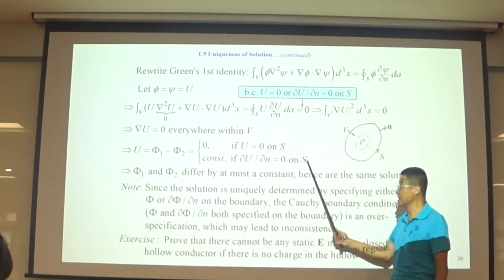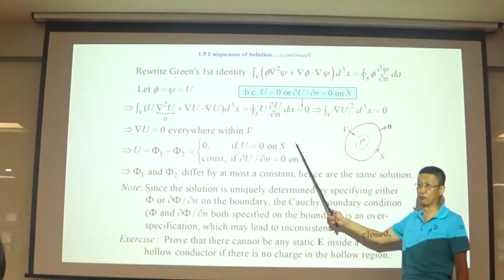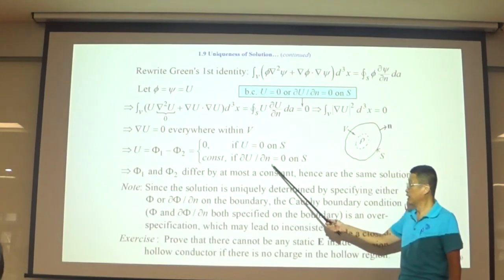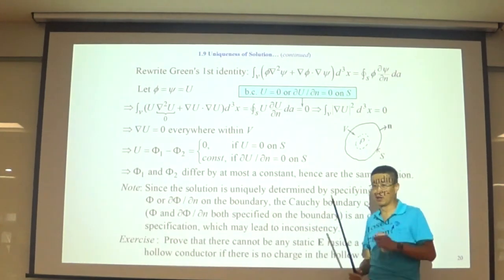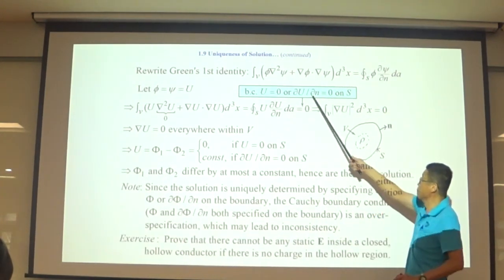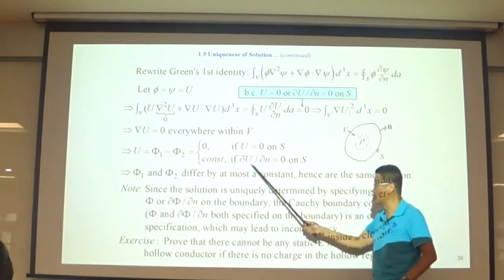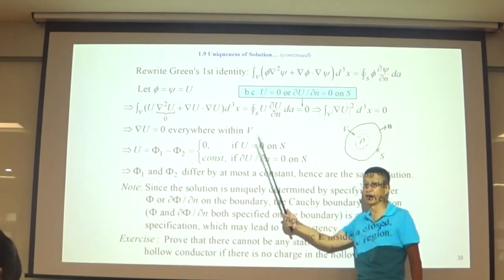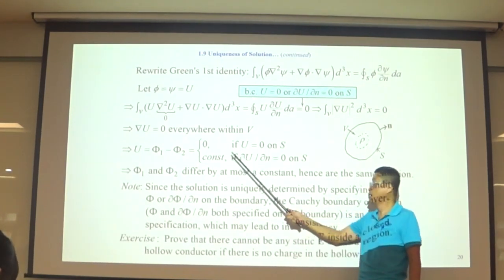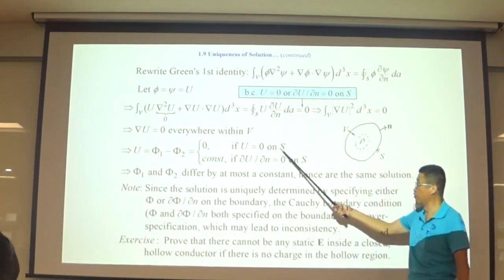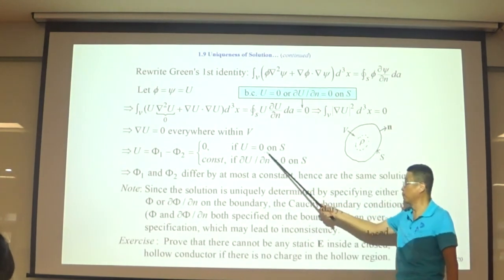But this is not convenient, so we prefer this one. Here we need to give Neumann boundary condition. With Neumann boundary condition, it may differ by a constant. We prefer Dirichlet boundary condition.